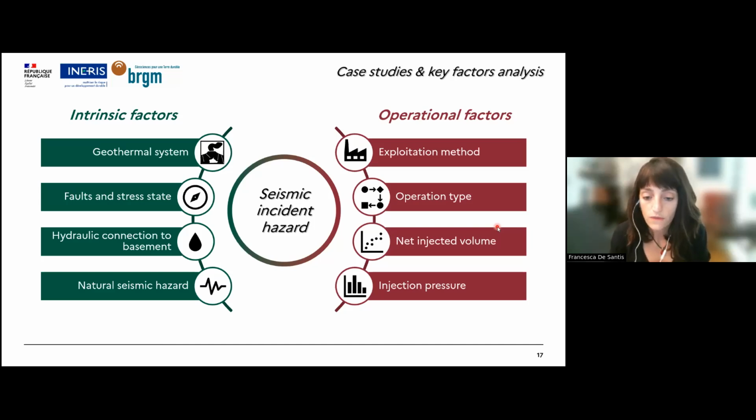And for each of these factors, we try to analyze to what extent they have an influence on the intensity and occurrence of the induced seismicity. I will not go into much detail about this analysis. We can discuss about it later in the discussion if you want.